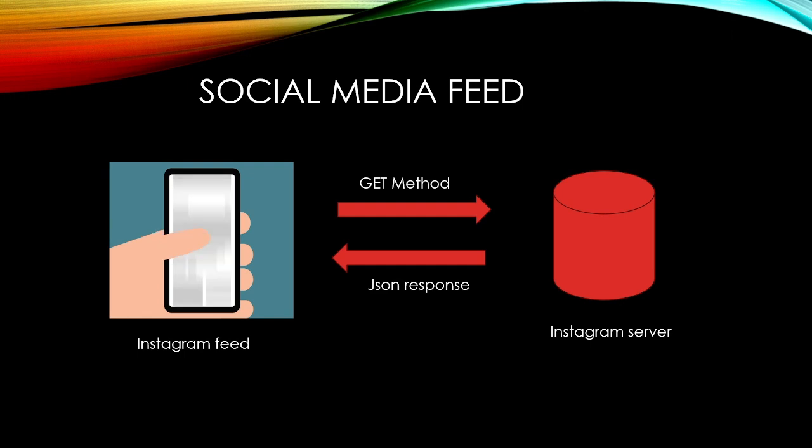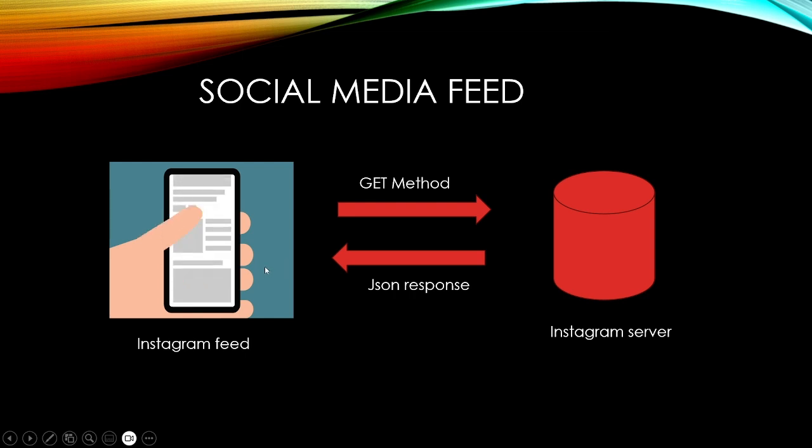Let's understand it with the example of a social media feed. Imagine you are scrolling through your Instagram or Facebook feed. Each time you swipe down, your app makes a GET request to the servers, fetching the latest posts and updates and giving them back to your feed.